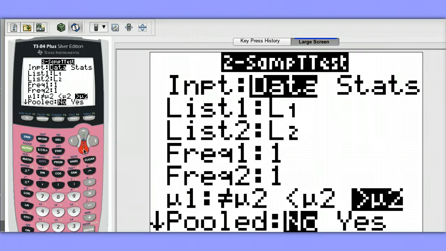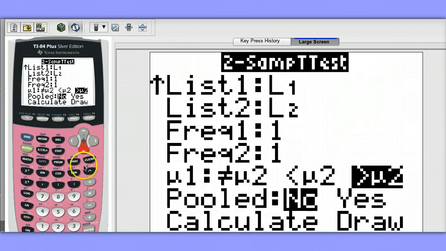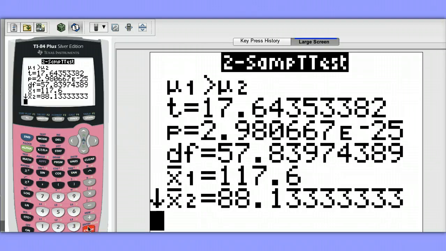Once again, pooled, choose the option no, calculate, and notice our p-value is very small, about 3 times 10 to the negative 25th power, and our test statistic value is 17.64.